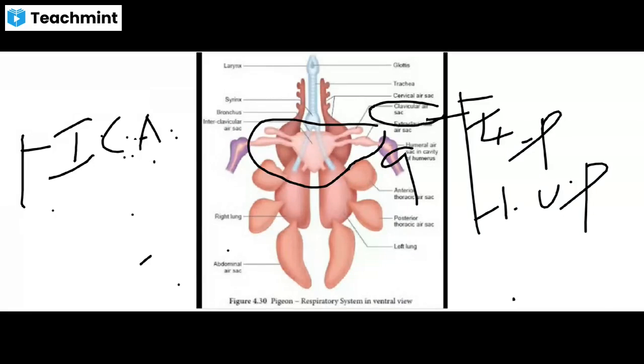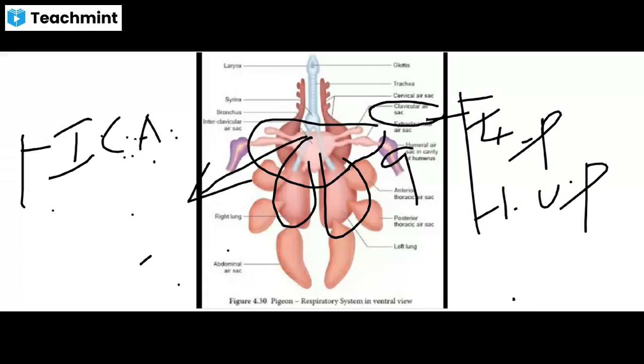It is connected with both lungs. It is situated in the angle between the two clavicles of the furcula. The intraclavicular air sac gives out on either side a diverticulum, a clavicular air sac into the armpit and an extraclavicular air sac into the humerus. It is an unpaired air sac.